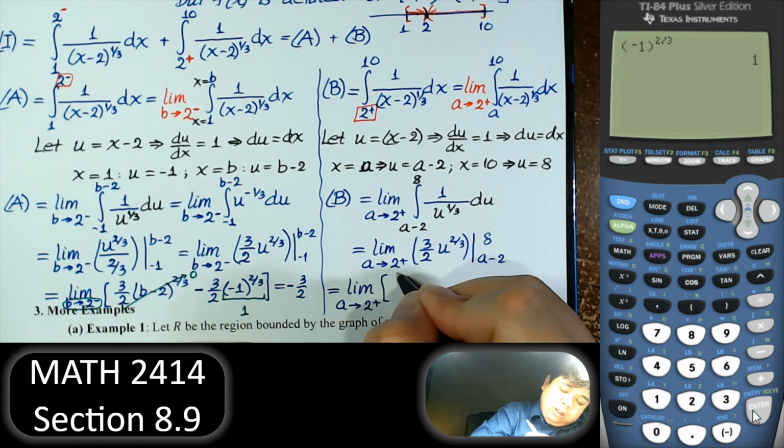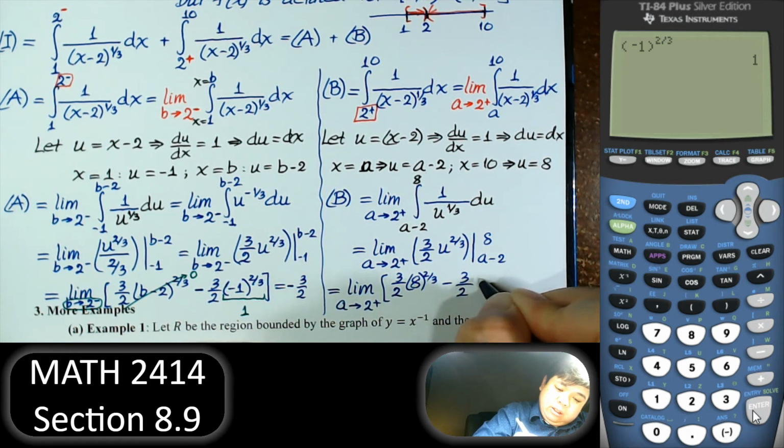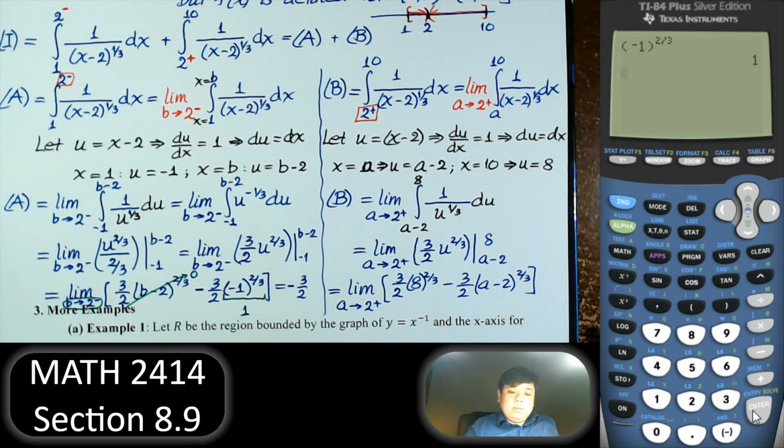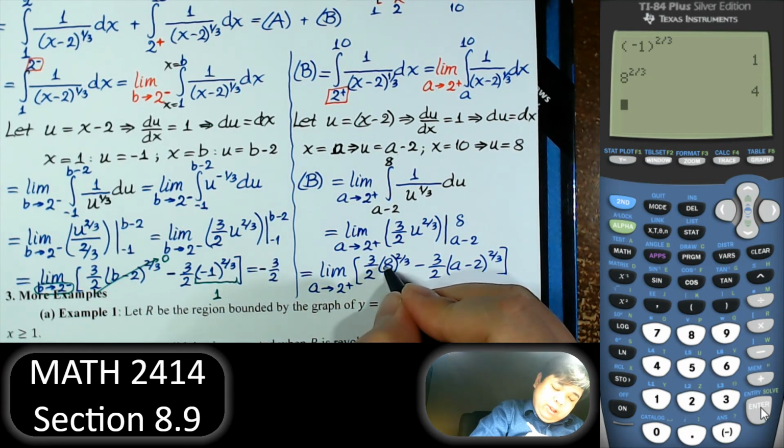Now it's going to be 3/2 of 8 to the 2/3 minus 3/2, and now put a minus 2 there to the 2/3. Now, what is 8 to the 2/3? That is 4. 4 times 3/2, so we have 3/2 times 4.